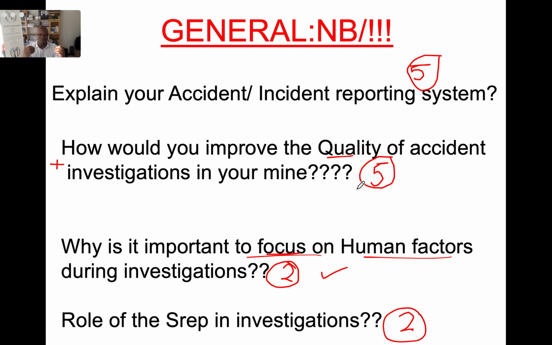The reasons why we use those two systems is because we are also looking for substandard acts and substandard conditions. And what did we say about who causes most accidents? We said 98% of all accidents are literally caused by people. Hence, you see the focus on human factors.